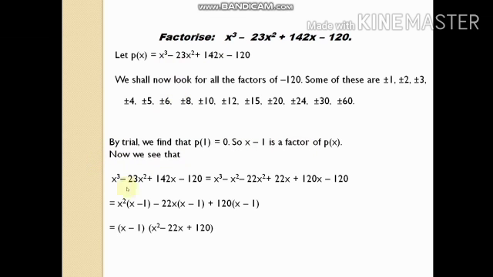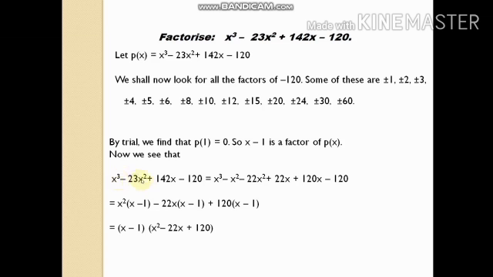Now we see that, student, here for factorizing this cubic polynomial, we are using the shortcut method. Here as we find x minus 1 is a factor of the given polynomial, we will break this polynomial in the form of common factor x minus 1.